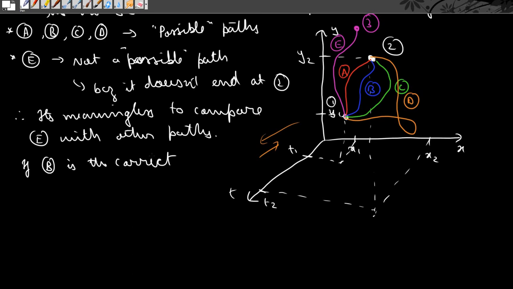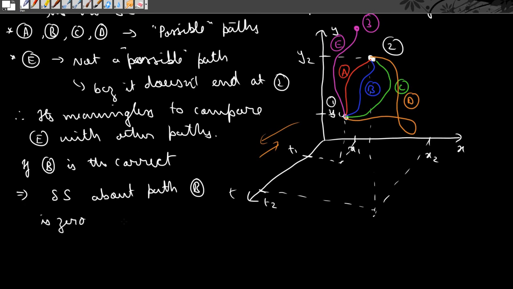But let's say that B is the correct path, somebody else has already told you, but now you want to say that Hamilton's principle will predict B as the path which is taken by the system. So this means if B has to be the correct path, this implies that the variation of S about the path B is 0. This must be 0.